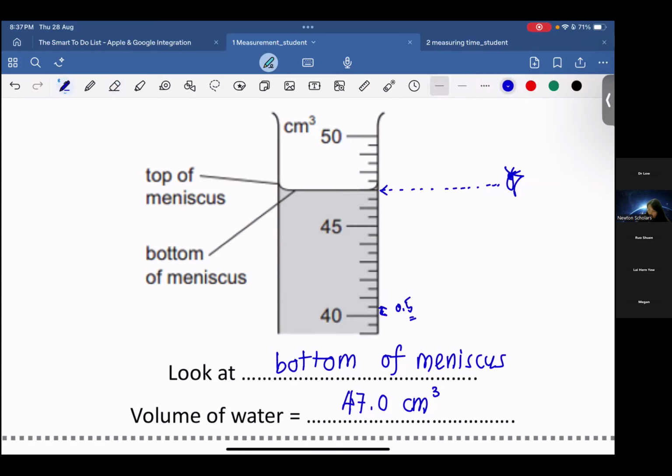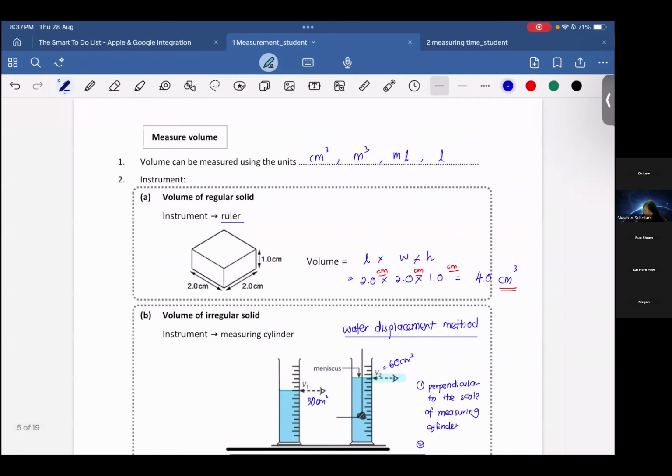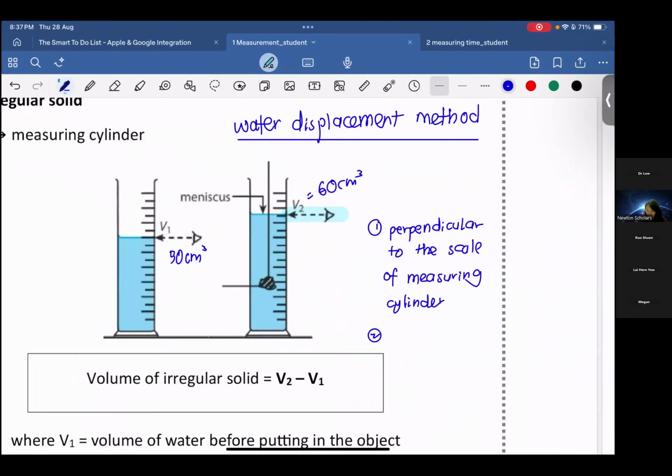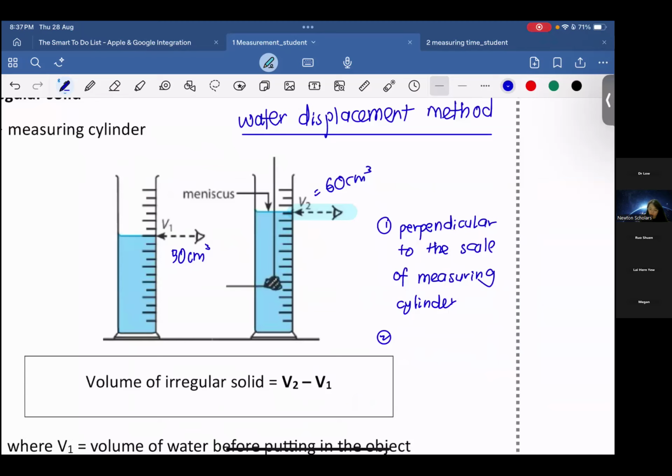Okay, so coming back to just now: when we take the reading, eyes must be perpendicular to the scales. Second, look at the bottom of the meniscus. This is a very common question asked in your Paper 6 alternative to practical.